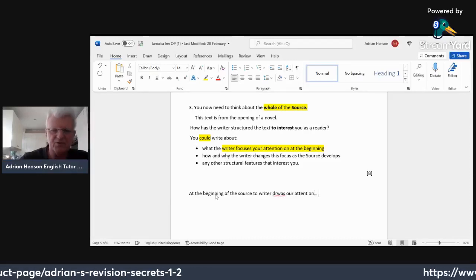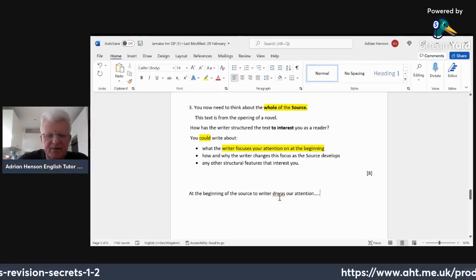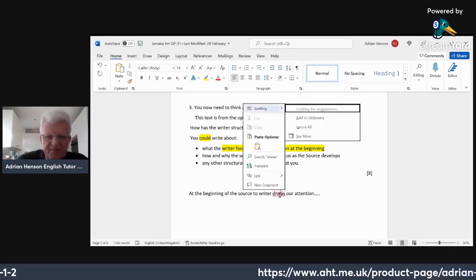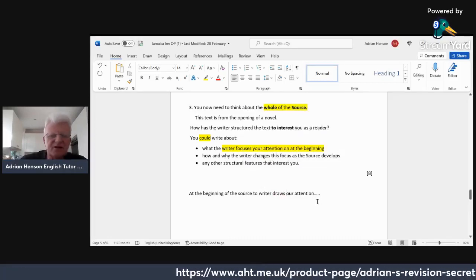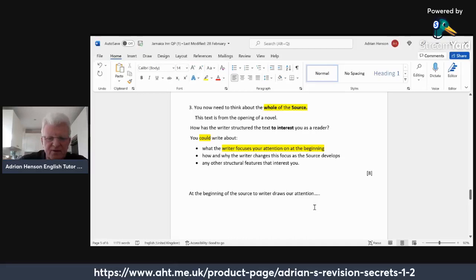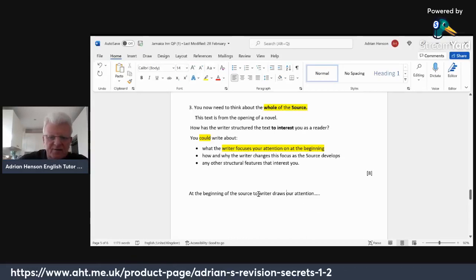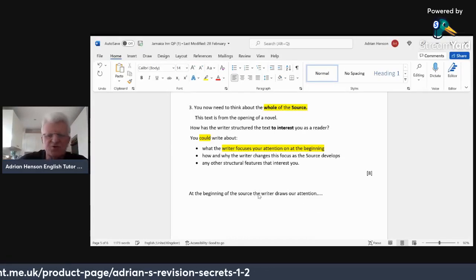I'll get the typo right in a minute. So basically, what I'm trying to show you there is, at the beginning of the source, the writer draws our attention to.